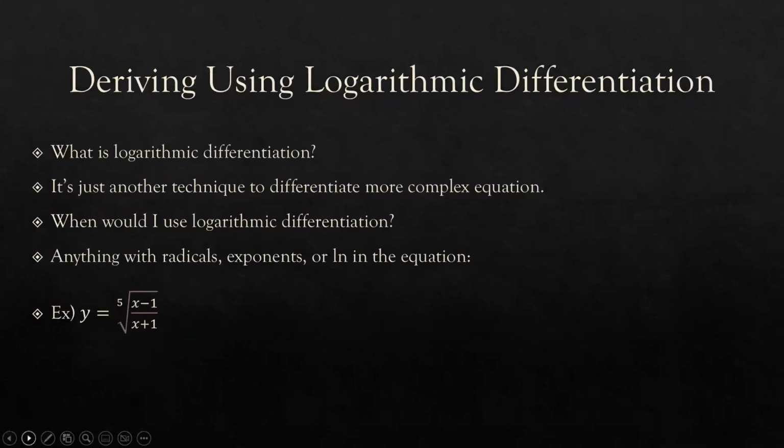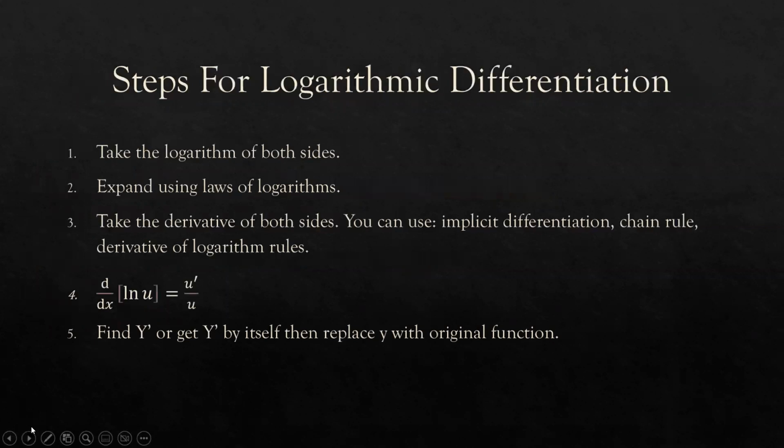Now let's talk about the steps for logarithmic differentiation. So first step is take the logarithm, or the ln, of both sides. The next step, step 2, says expand using your laws of logarithms.